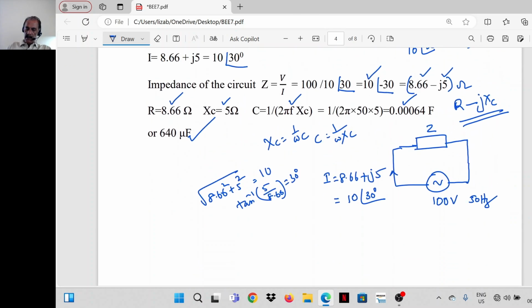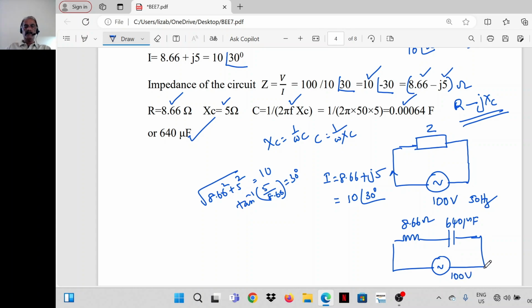So the circuit has a resistor of 8.66 ohm and a capacitor of 640 microfarad. The supplied voltage is 100 volts. So the elements of the circuit are a resistor of 8.66 ohm and a capacitor of 640 microfarads.